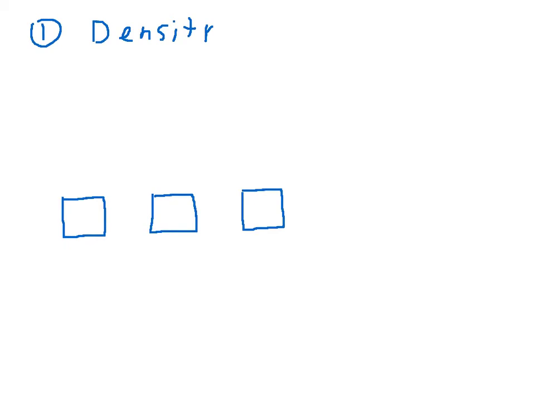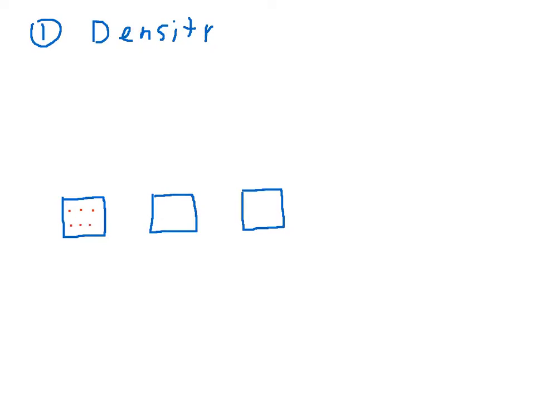So what is density? Density is when we compare masses of different objects, but we keep their volume or their size the same. You'll notice I drew three boxes down here, all the same size, and the world is made up of particles. And so objects all have particles in them.